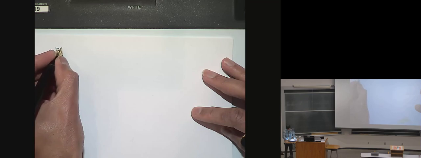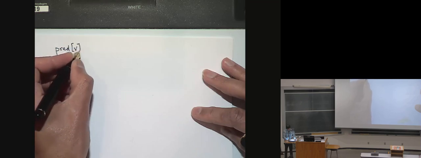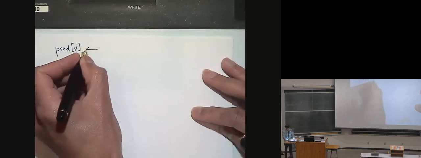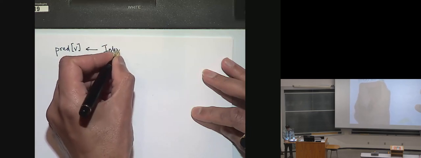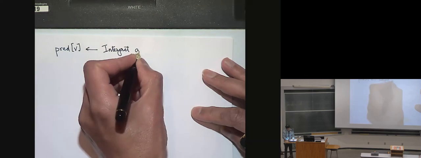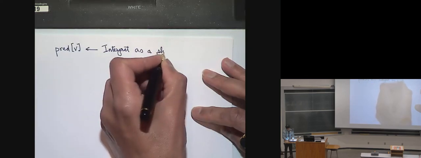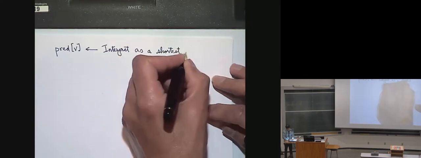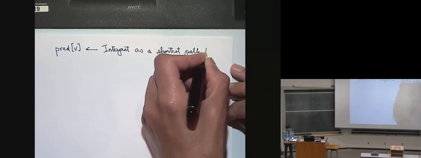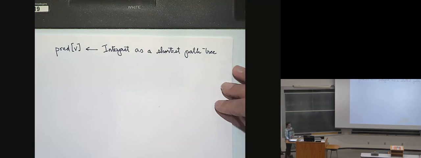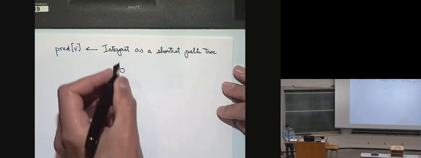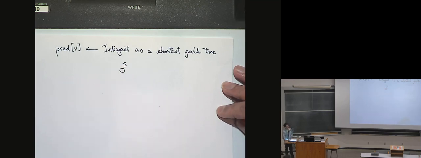So you look at predecessor of V. We interpret it as a shortest path tree.